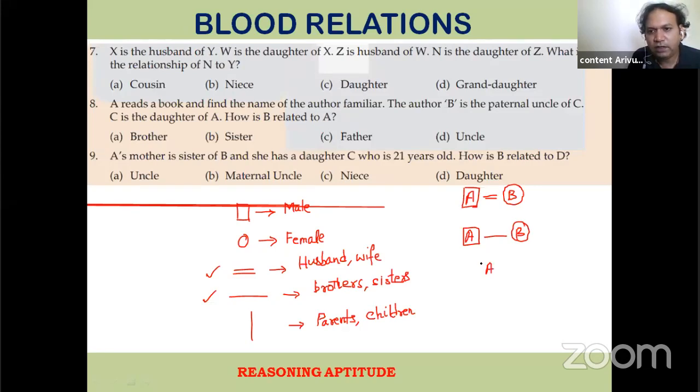If I write like this, A, and I use a vertical line, and then I use B. The vertical line is for parents and children. Now A is male here, so A is father, and B is a female, so B is daughter.